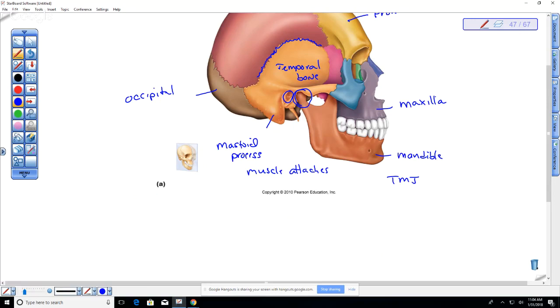So number 10 on your essay questions has to do with joints. These are joints that we are going to be looking at this week in lab and next week in lab. So we actually have 2 more labs before you have to have all of the bones and the bony processes identified. Okay.